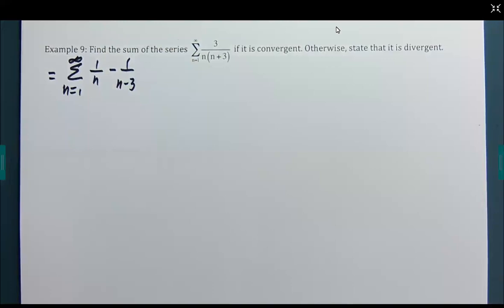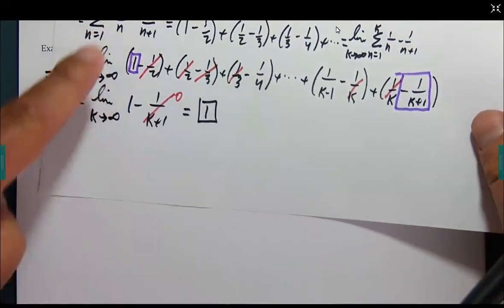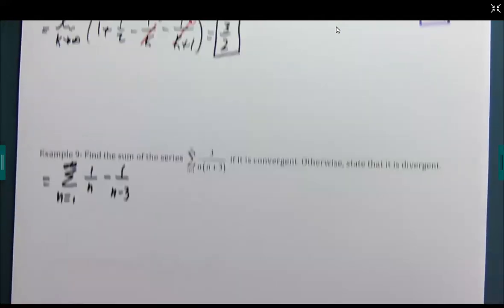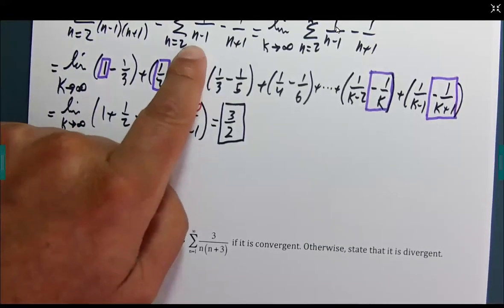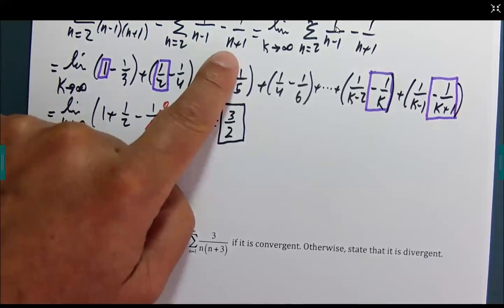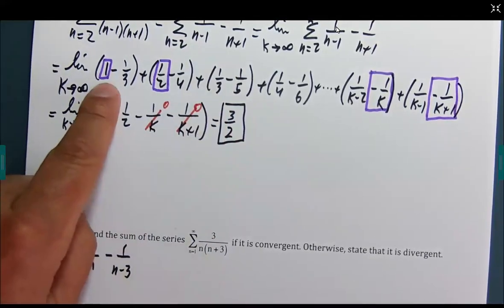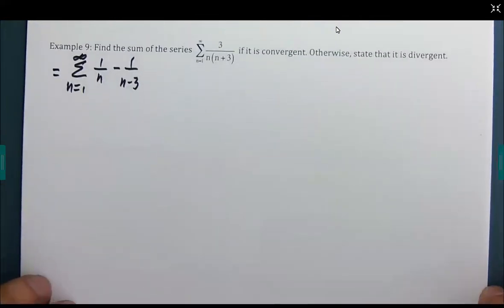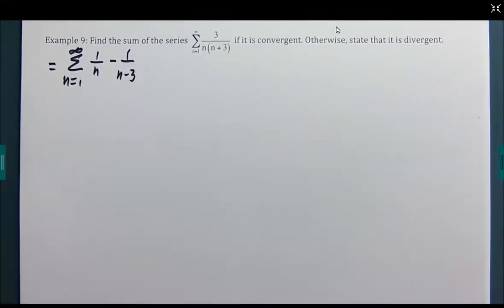So now they're a distance of 3 apart. Now you might notice here they were a distance of 1 apart, and we had 1 left over and 1 left over. For the previous one, they were 2 distances apart, right? 1 less, 1 more. So the denominators were 2 distances apart, and you'll notice there's 2 here and 2 here. So because these are 3 distances apart, I'm going to guess that there are going to be 3 that we preserve.